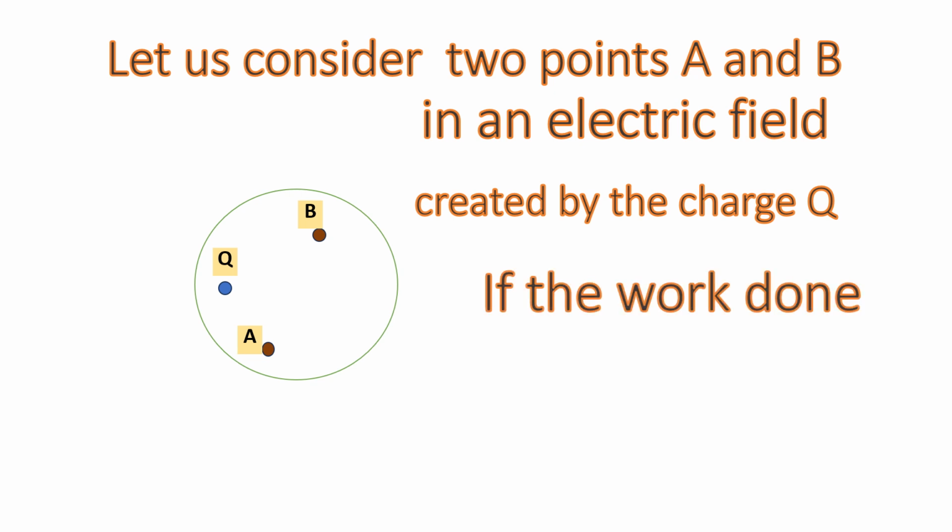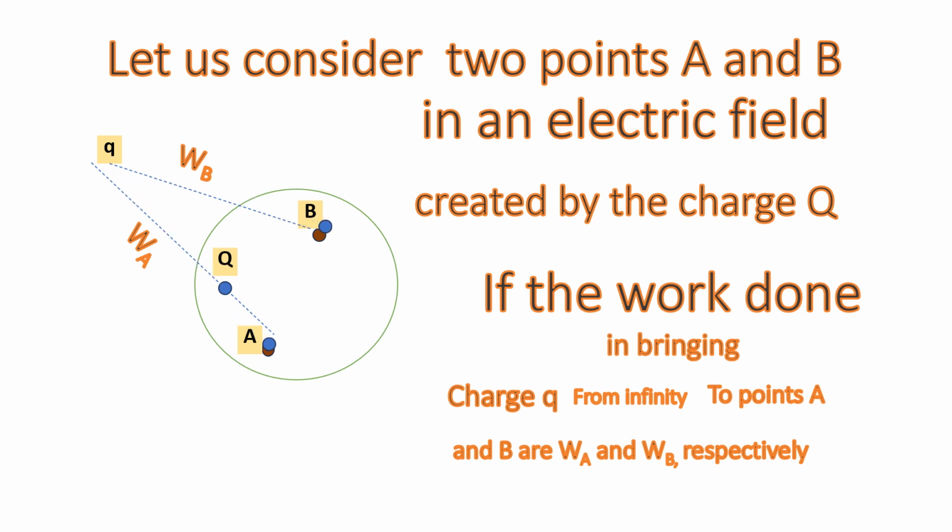Now, the work done in bringing some other charge small q, who is at infinity, from infinity to A or to B: the work done to bring q charge from infinity to point A is represented by WA. The work done to bring the charge from infinity to the point B is represented by WB.